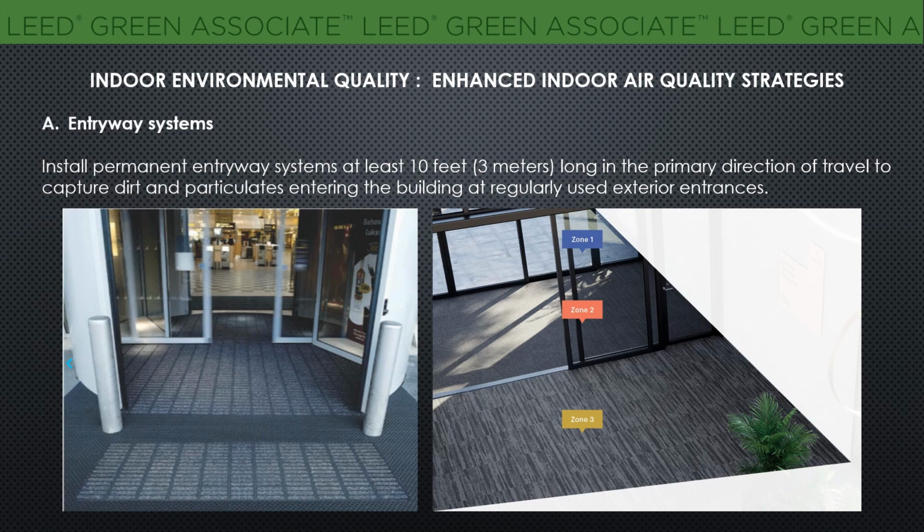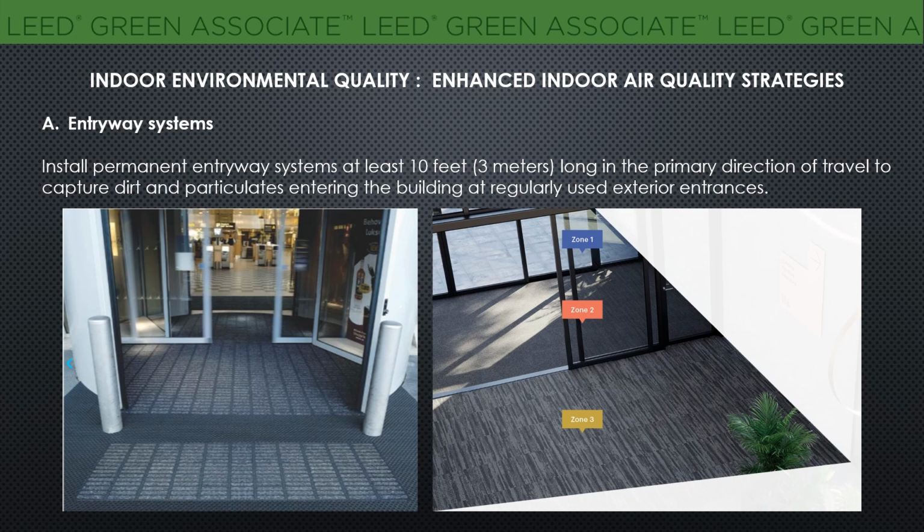In the mechanical ventilated system, naturally ventilated system and mixed mode system, we saw the entryway system. We need to install a permanent entryway system at least 10 feet, that is 3 meters, long in the primary direction of travel to capture dirt and particulates entering the building at regularly used exterior entrances.